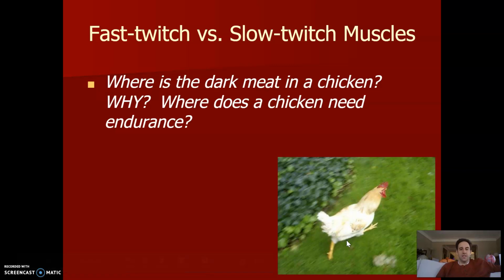The wings are really in a chicken just used to sprint away. If you chase a chicken, it'll flap its wings to get away from you. And so it's really more of a sprint thing in that breast meat. And so that's why chicken breasts are light in color and chicken legs are dark in color, because those leg muscles need that endurance, hence the dark meat.